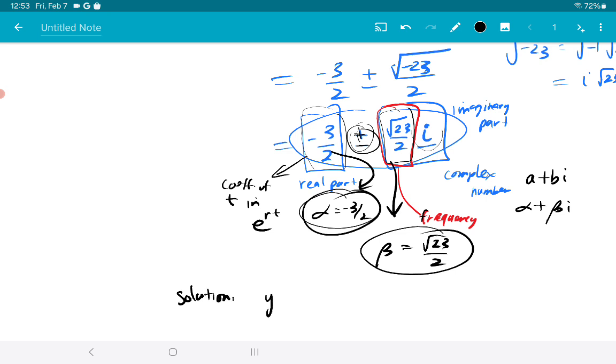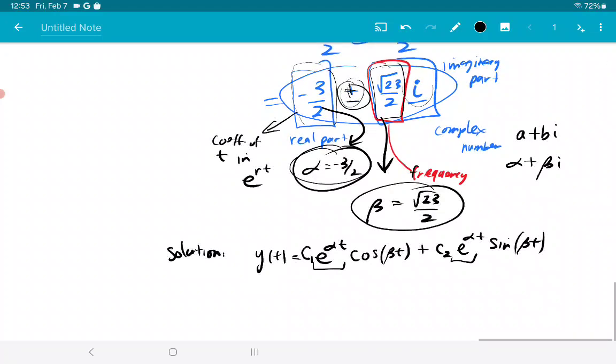In general, it'll be y of t is equal to e to the alpha t times, I forgot our c, by the way, I meant to write c1 here, e to the alpha t times cosine of beta t plus c2 e to the alpha t times sine of beta t. So keep in mind, both terms have an e to the alpha t in front of them with the same alpha. You could actually factor that out if you wanted to, and write it as e to the alpha t times c1 cosine of beta t plus c2 sine of beta t.